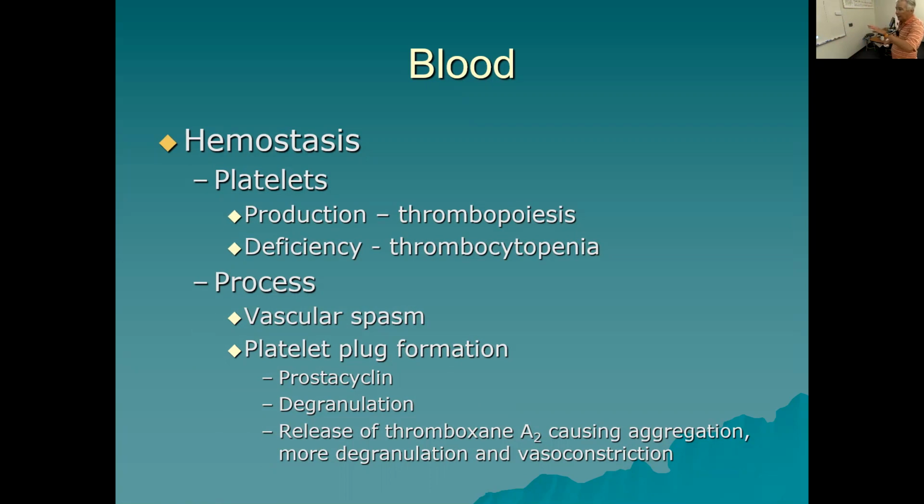When they degranulate, they release several chemicals. One of them is called thromboxane A2, which is a paracrine. It's an eicosanoid that causes aggregation of platelets, more degranulation, and vasoconstriction.